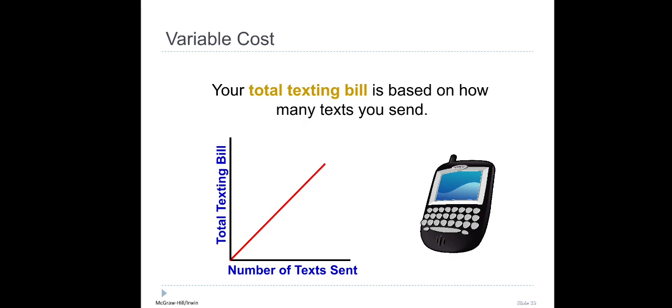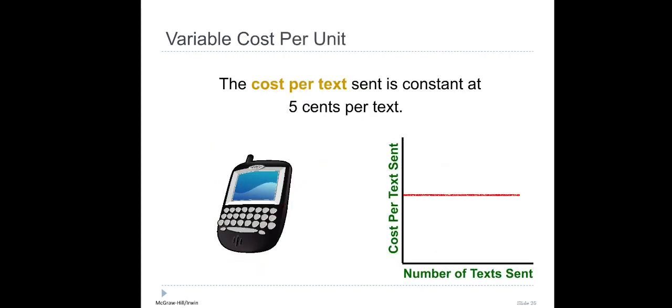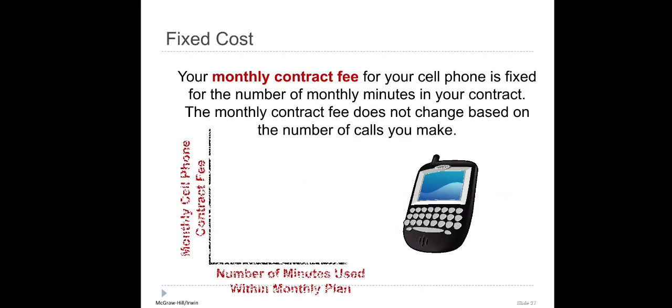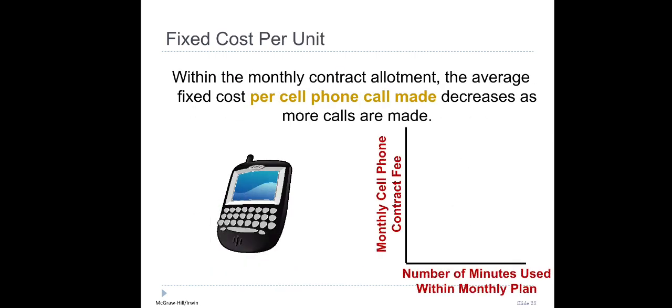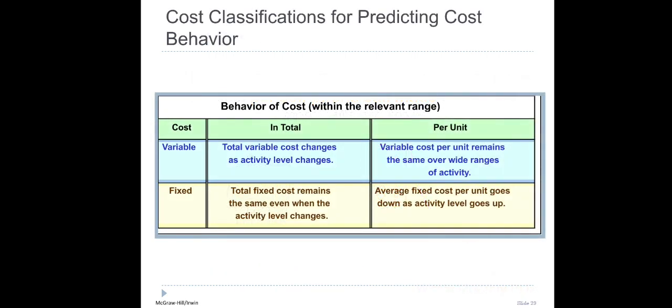So this kind of cost is called variable cost. I have explained about this also in the previous lecture. This is a summary of the difference between fixed cost and variable cost.